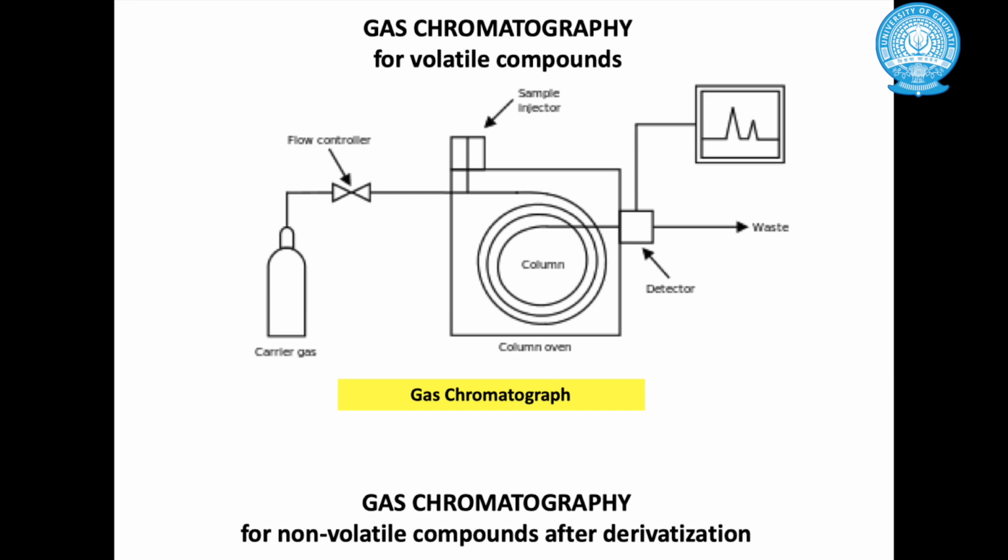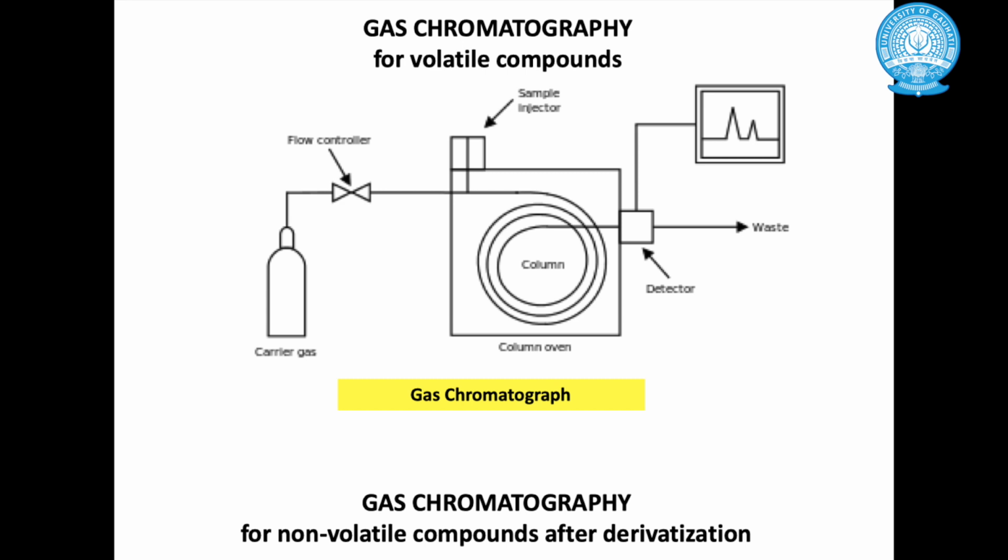So from this setup of a gas chromatograph, what we have understood is that a carrier gas is very much important, and this gas is used as a mobile phase in this instrument to carry along with it the sample which is injected through the injector.